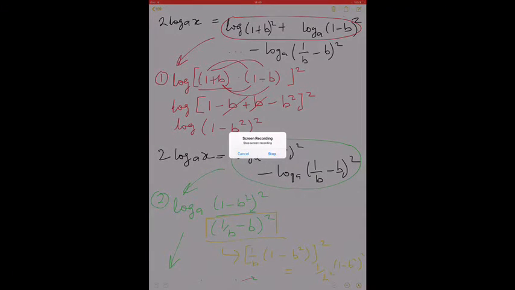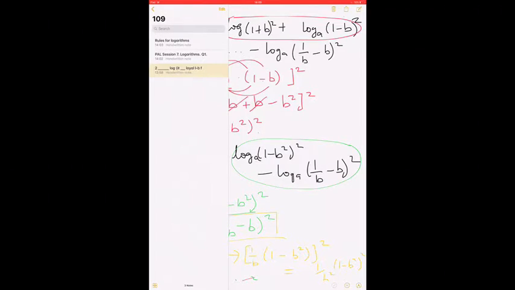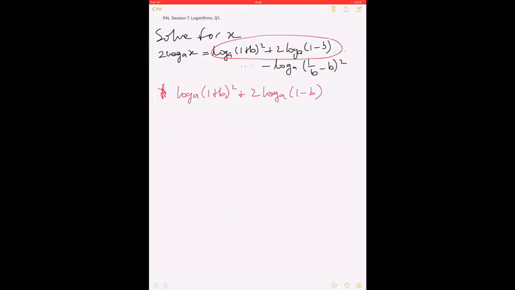So if I go back to the question and do that here, that's equal to, I'll just rub out the 2 there and put it up here, right? And then if I use my addition rule for logarithms, I can rewrite that as log base a.